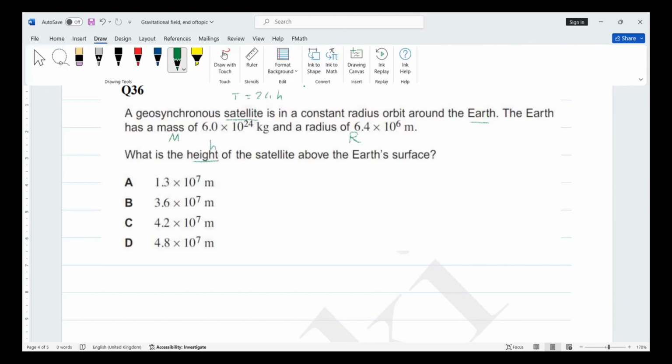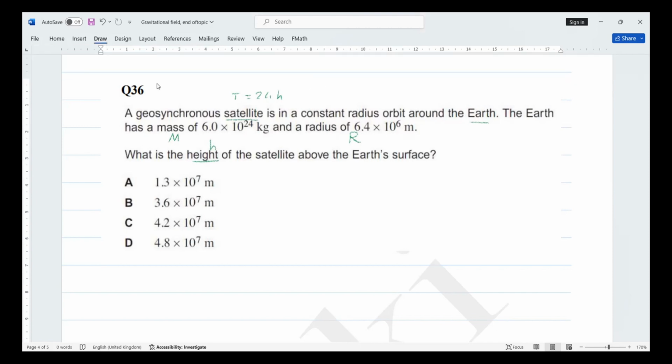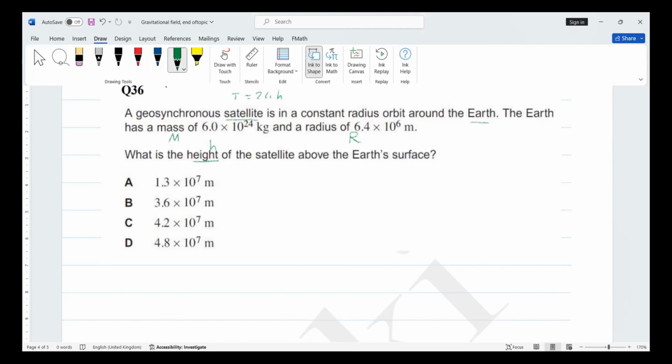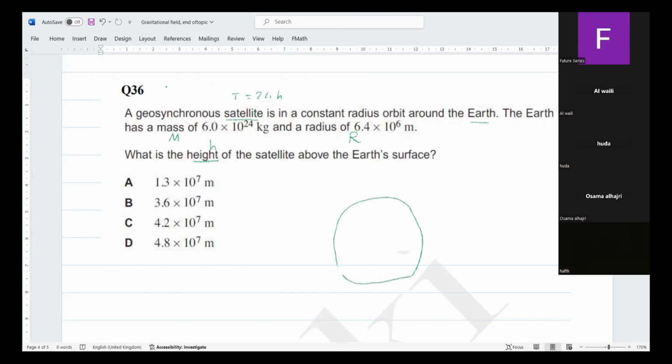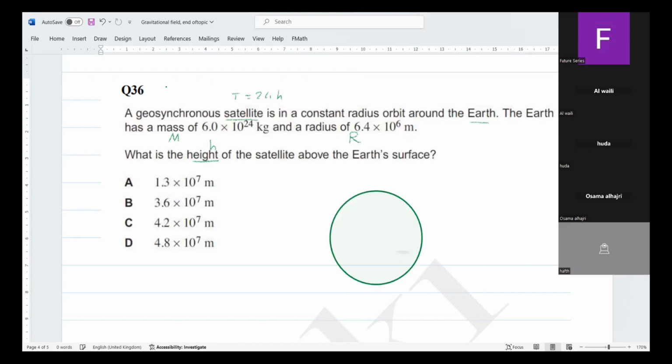Follow me, please. First of all, we draw a circle. This is the Earth, for example, and here we have a satellite.